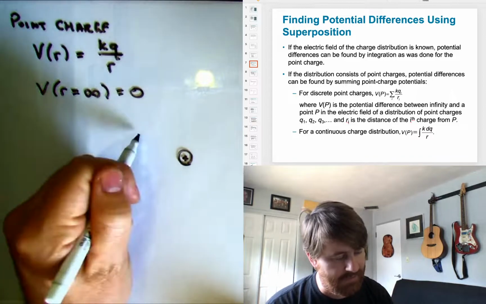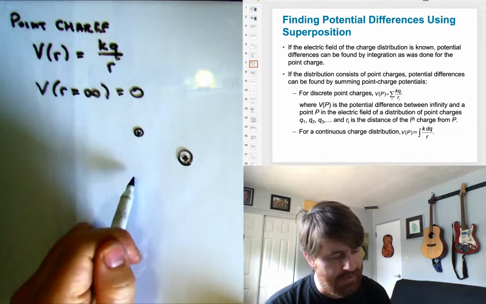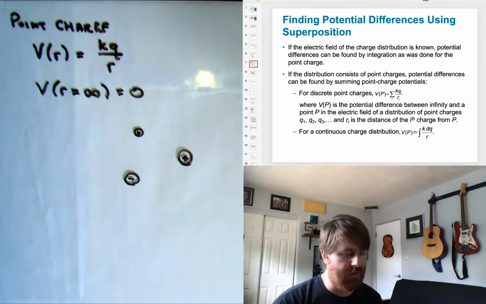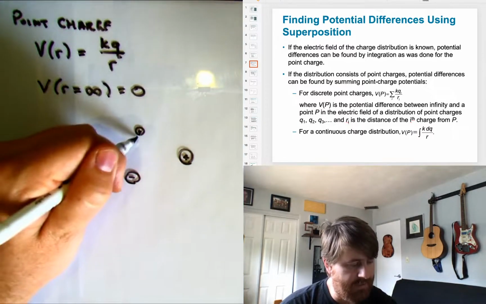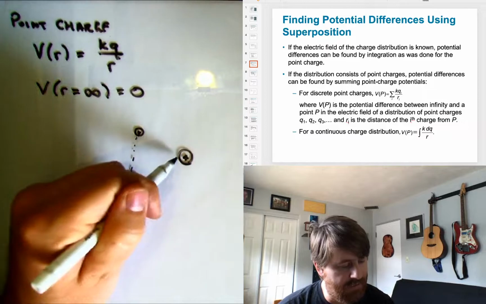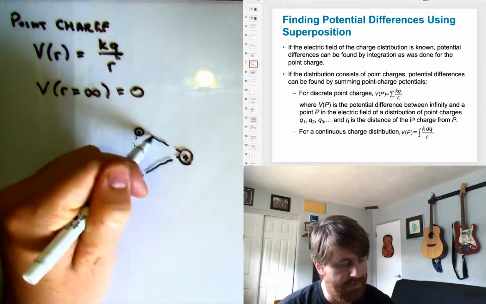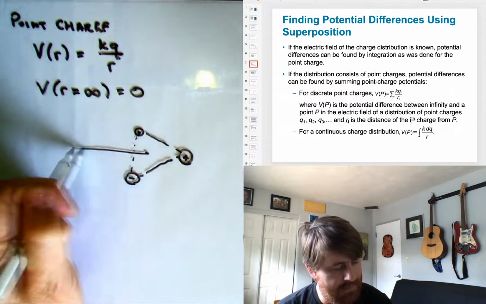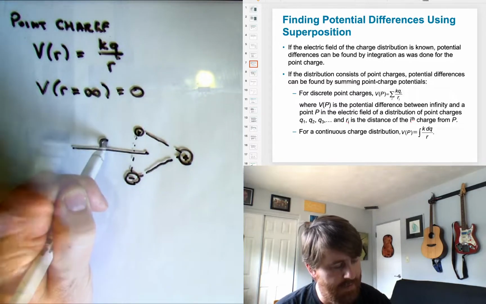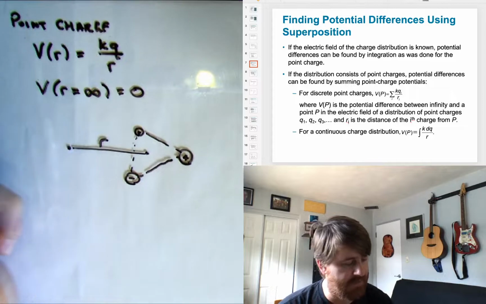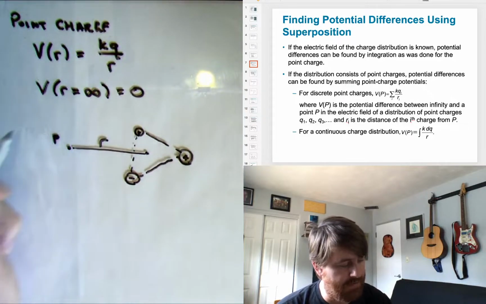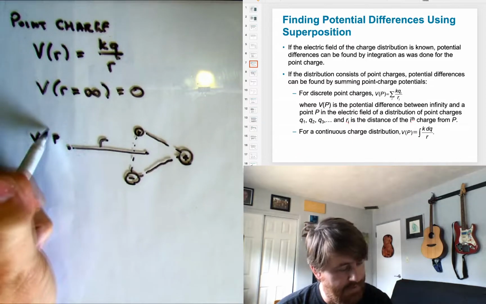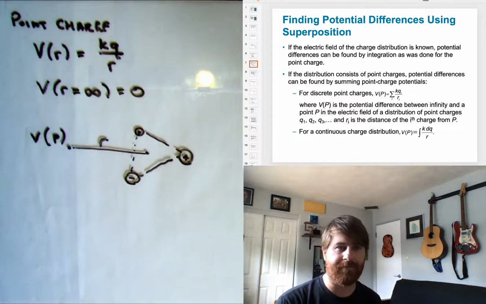All right, so now let's say that I don't just have one point charge over here, but I have another point charge over here, and another one, maybe it's a negative charge over here. And I want to know what is the potential of a point at a distance r from the center of this charge distribution. What is the potential V at point P?